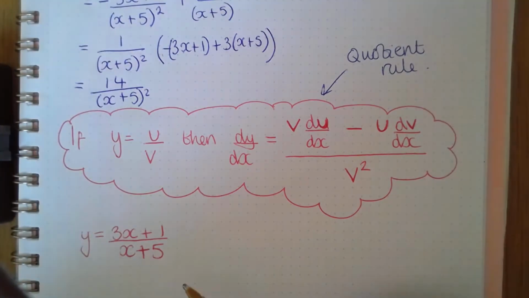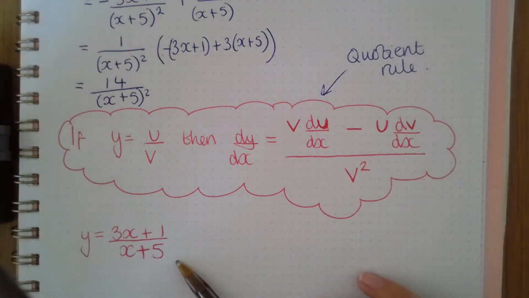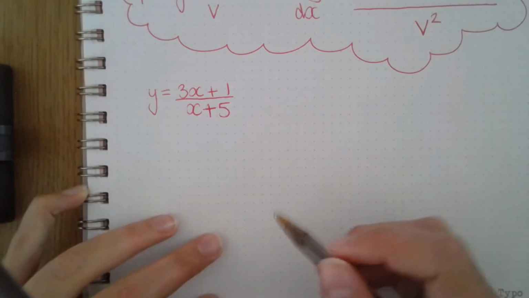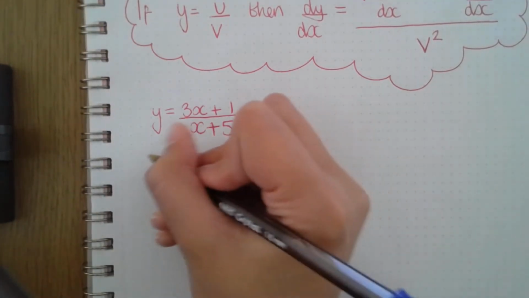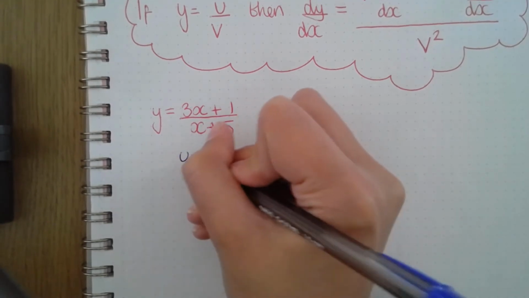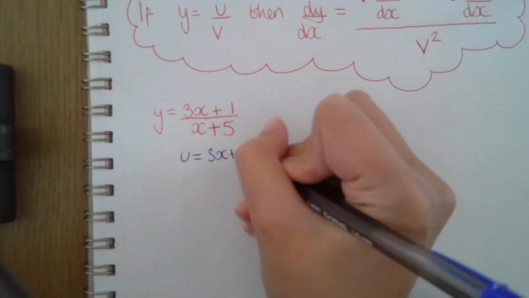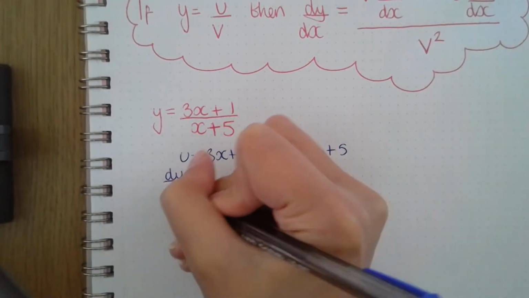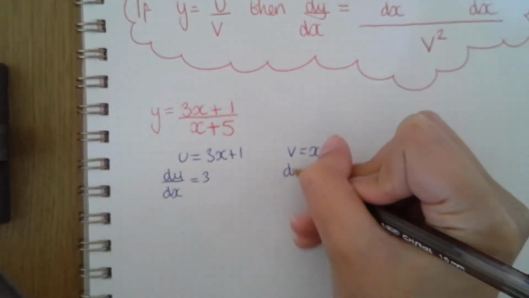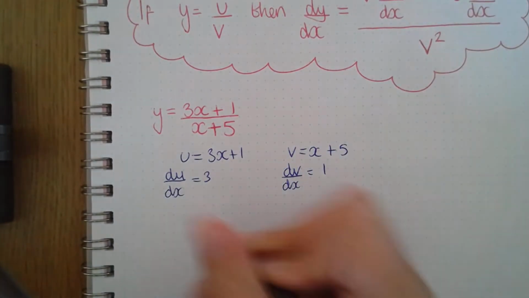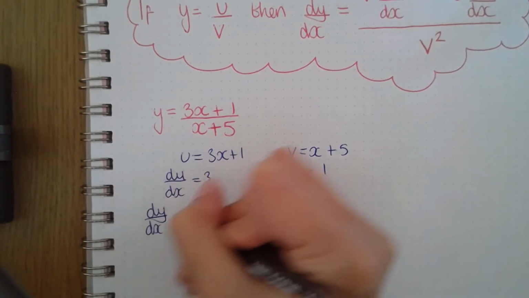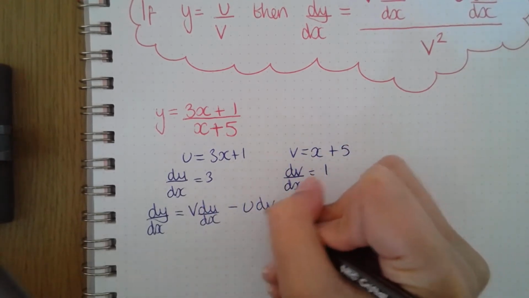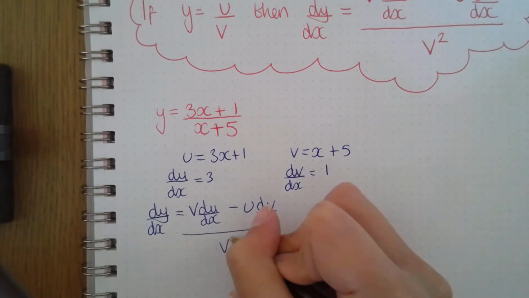So we're going to use the same question again as we've just looked at, but this time we're going to use the quotient rule. This time we have that u is equal to our numerator 3x plus 1, v is equal to our denominator x plus 5, du/dx is 3, dv/dx is 1, so my derivative is v du/dx, take u dv/dx, all over v squared.